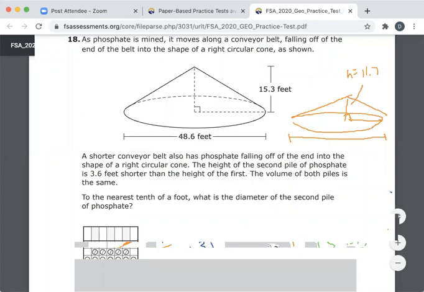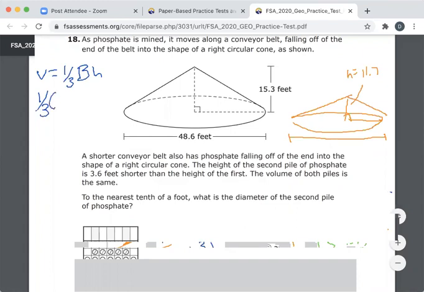Volume of a cone, you can refer to the handy formula sheet or the reference sheet at the beginning of the test. I'm not going to scroll off this page to get to that, but the volume of a cone is 1/3 the area of the base times the height. Big B for area of the base times the height. So the base of a cone is a circle.